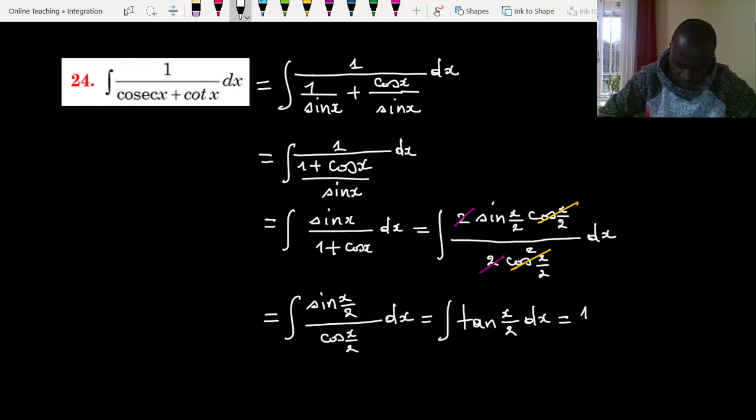Integral of tangent is a standard integral because we find it from the table of integration.